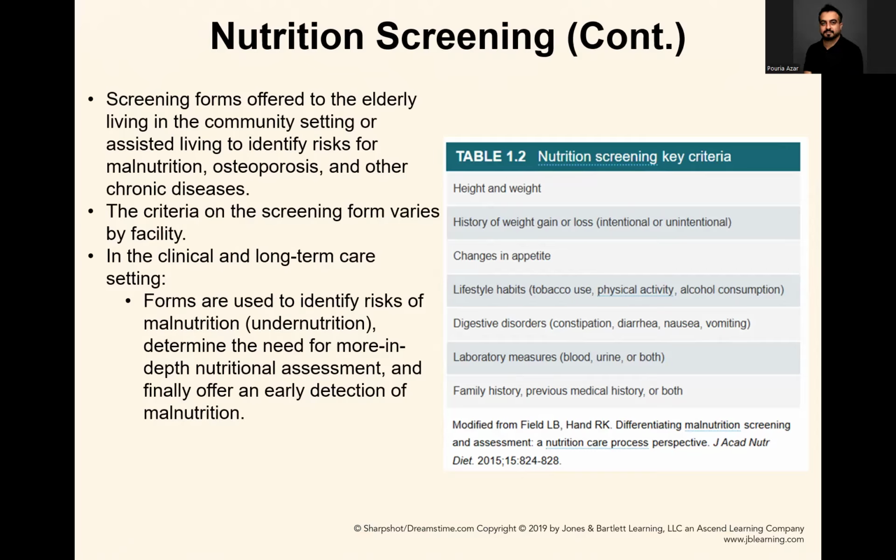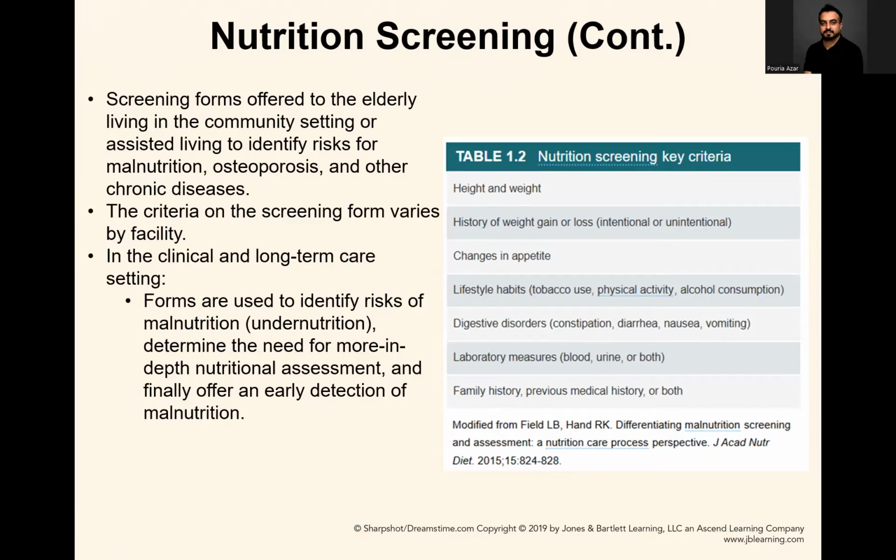So we have different tools for nutrition screening, and we have different criteria for nutrition screening. In the table on the right side of the slide, you see nutrition screening key criteria. Some forms use BMI, some forms use appetite, some forms use albumin, some forms use diminished function. For some nutritional screening, they measure hand grip strength, but for some they do not measure function.